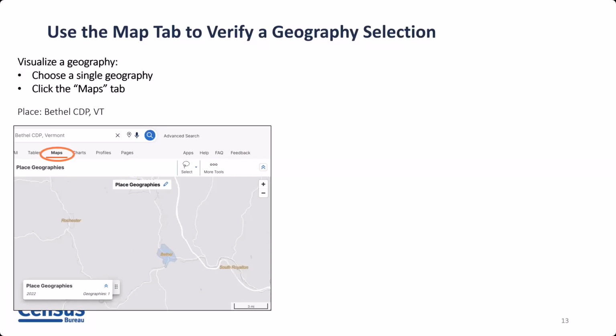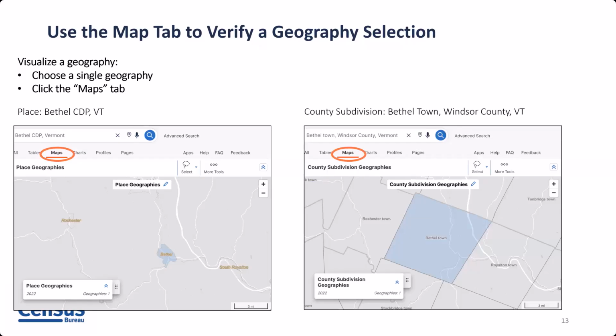This is an example on the left where I wasn't sure offhand, when helping a user, whether they wanted data for Bethel CDP, which stands for census designated place, in Vermont, or if they wanted data for Bethel town. By making those selections independently through 2 different searches and clicking on the maps, I was able to share visually what the data represent for each of these 2 geographies.